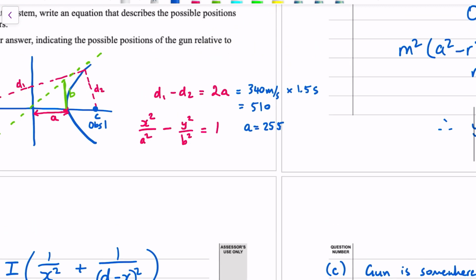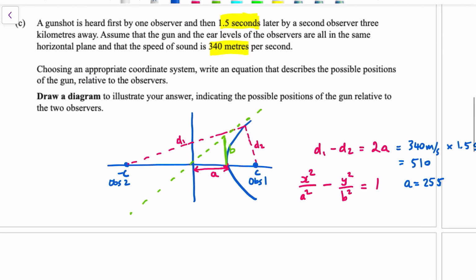Okay, what else can we get from this question? Oh, there is another number. I thought there would be. Okay, the observers are 3 kilometers away from each other. So because I've put this x-axis right down the line between them, then we can say that C must be equal to 1.5. Now be careful in here, because we're in meters for the A value, which means we need to be in meters for the C value.